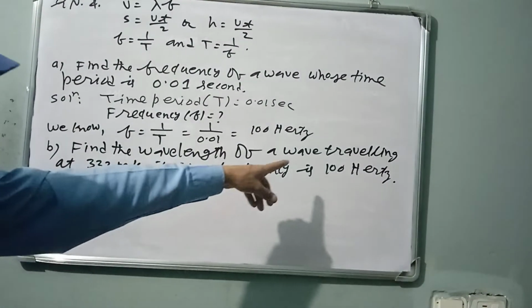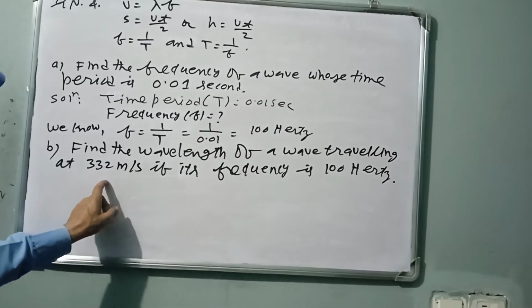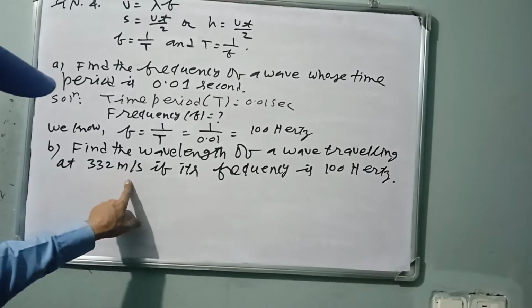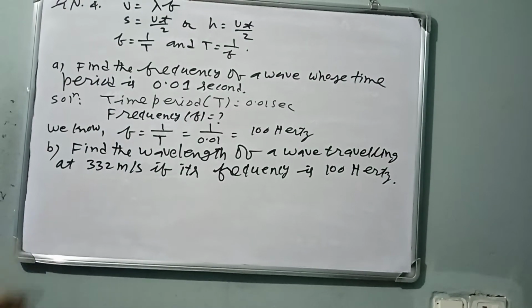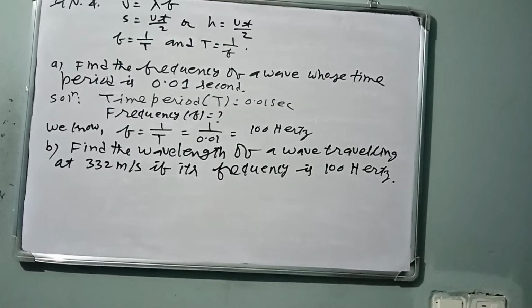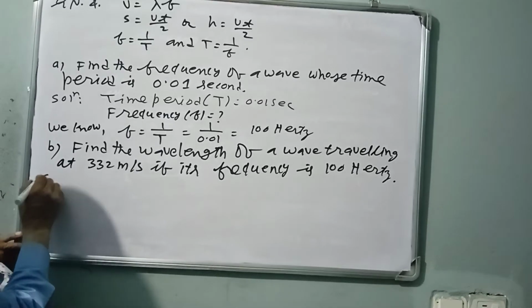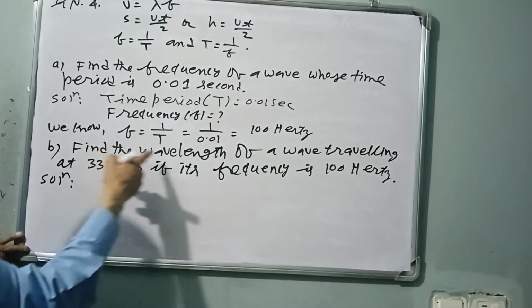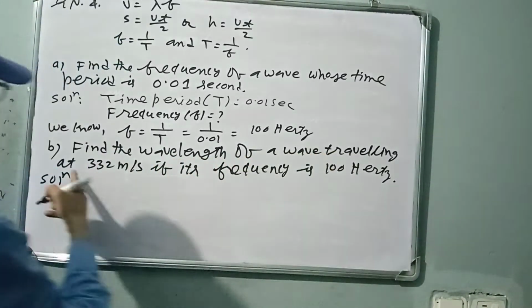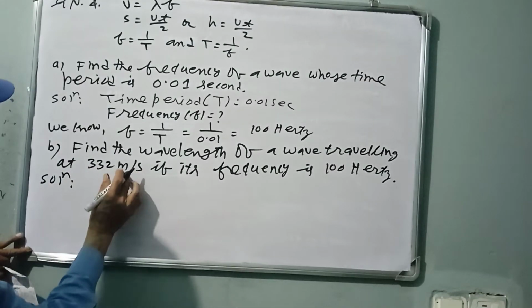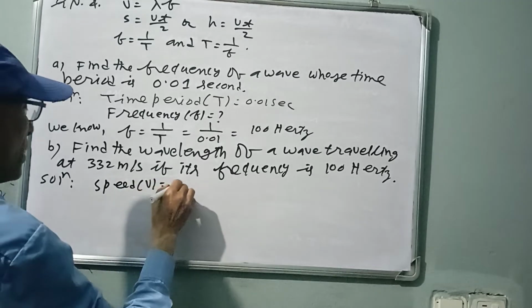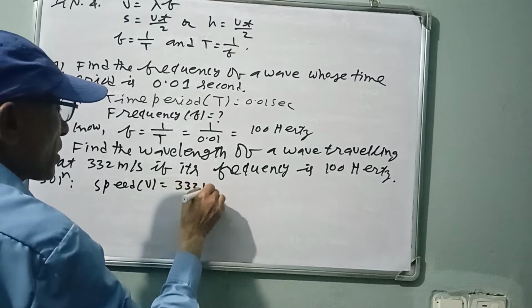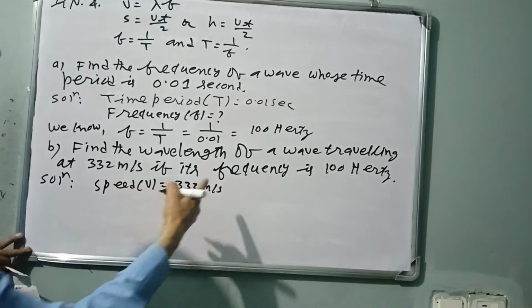What is the wavelength of a wave traveling at 332 meters per second? This is speed v. Frequency is given, speed is also given. What is the wavelength? Given condition: speed of sound is 332 meters per second, SI unit of speed.